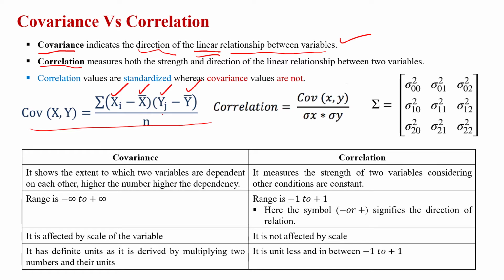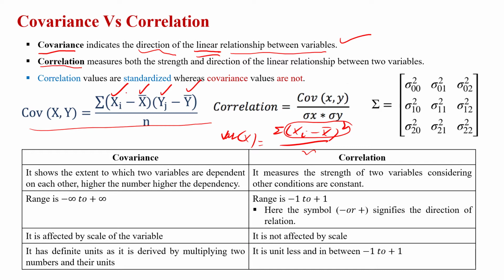This is the covariance, which is just like a variance if we have only a single variable, because the variance formula is basically the variance of x: xi minus x bar squared over n. We can repeat this two times, because in a covariance there are two variables.